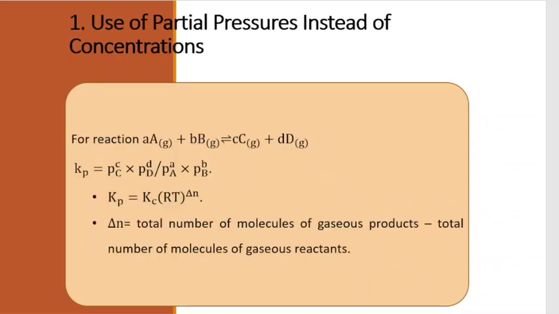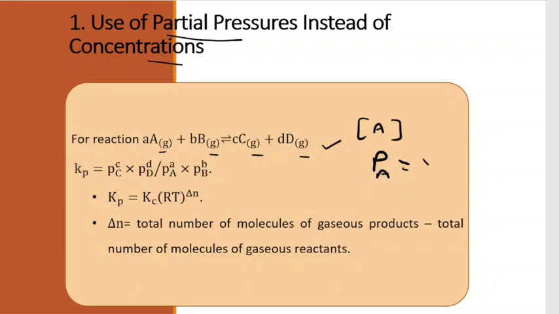Now listen carefully. Instead of concentration terms, we can use even the partial pressures. For example, if all the reactants and products are in the gaseous state, instead of taking the molar concentration of A, we can take the partial pressure of A. How can we get partial pressure?